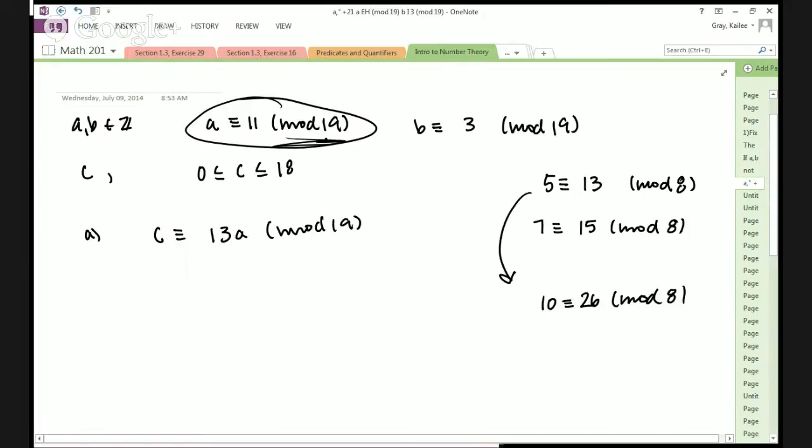If it said mod 8, it wouldn't make sense to plug in 11 there, because we've got to be under the same mod. So instead of A, I'm going to write 11. I want to find C such that it's congruent to 13 times 11 mod 19, okay?